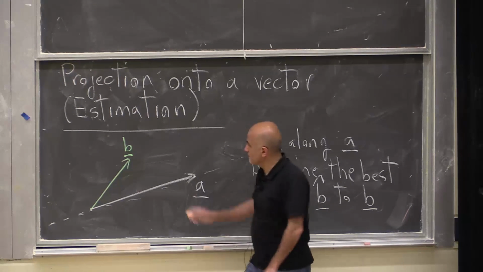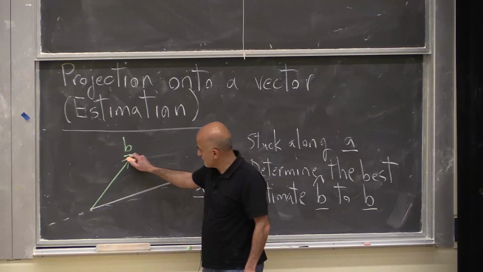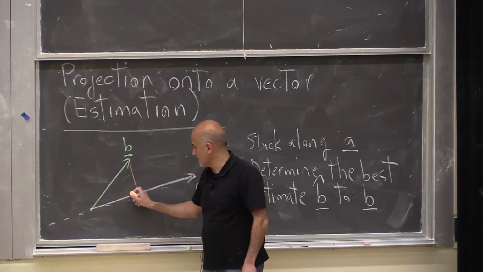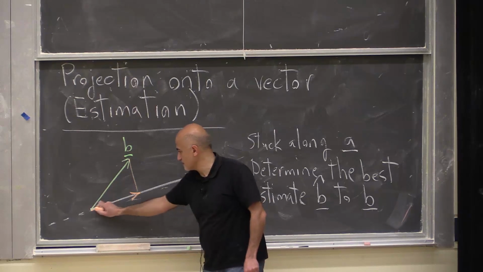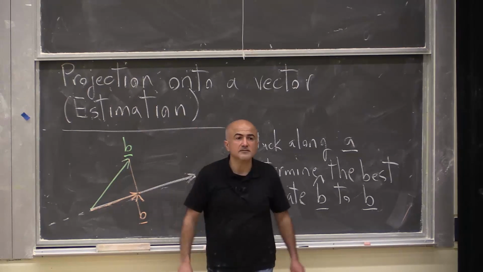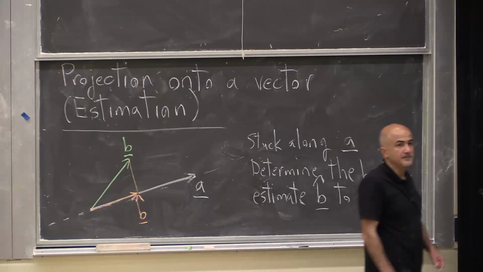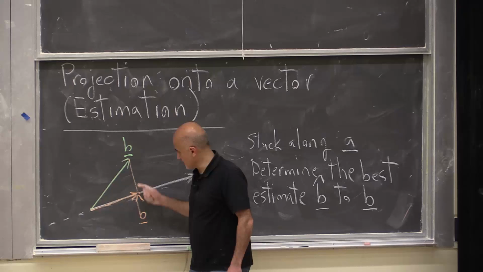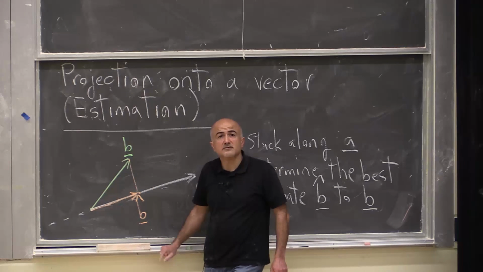John. Drop a perpendicular to A. And this would be B hat. Right? That's the best estimate. Geometrically. Now, why is that, John?